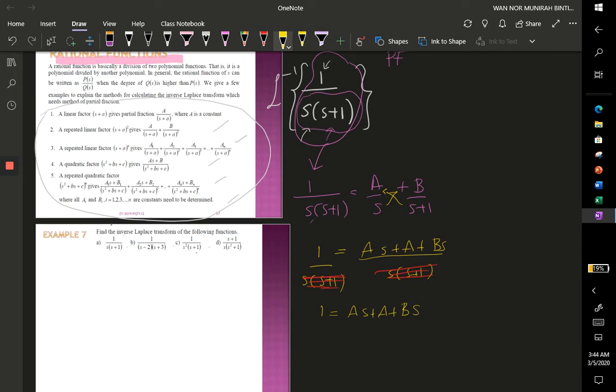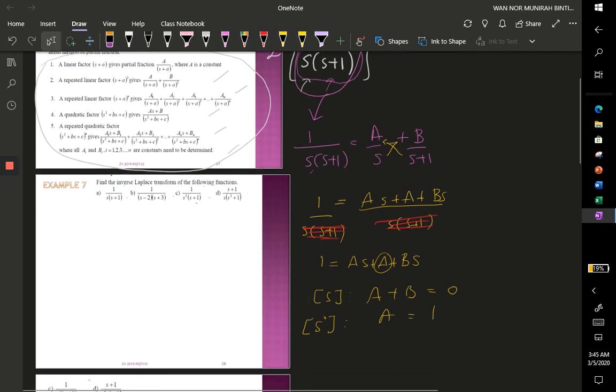I will collect the same terms. So for s, on my right-hand side I have A plus B, but on my left I don't have a coefficient of s, so I have 0. For s to the power of 0, the constant, I have A on my right, which is just A. A equals my left-hand side, which is 1.